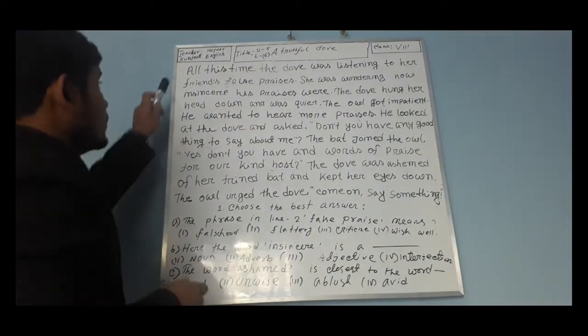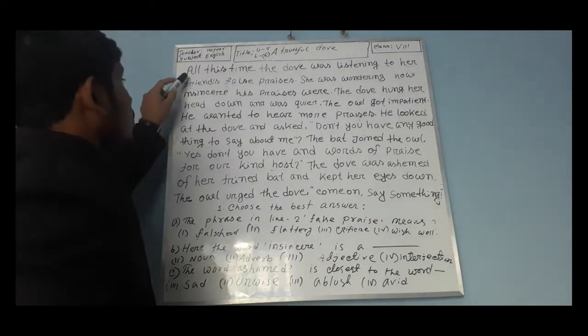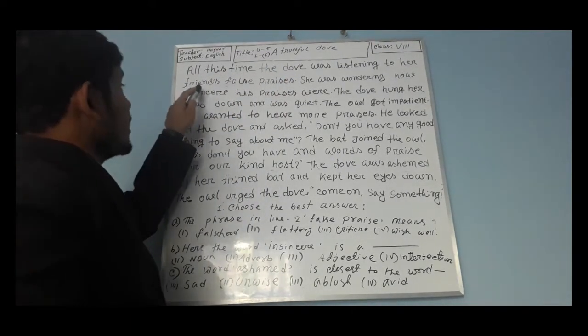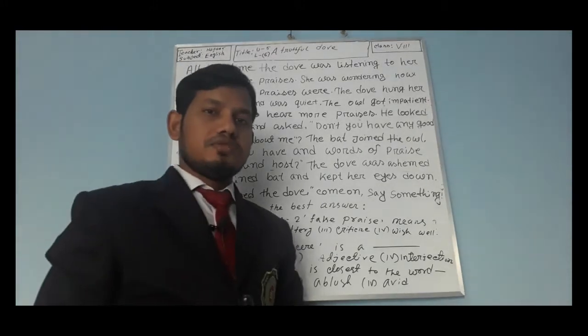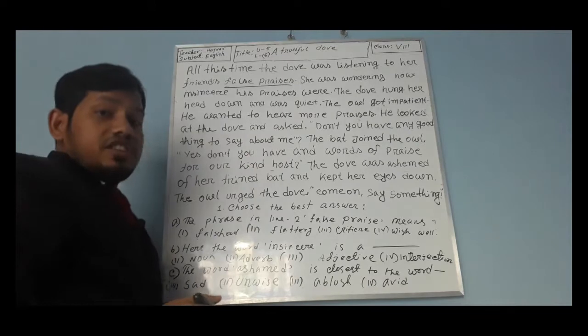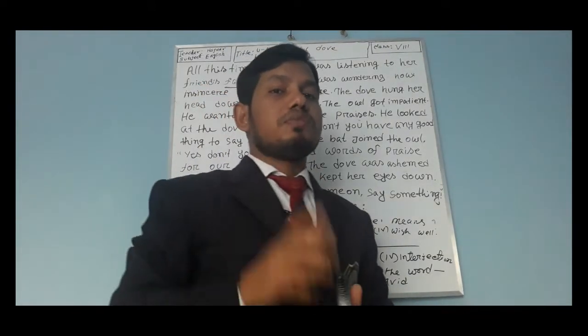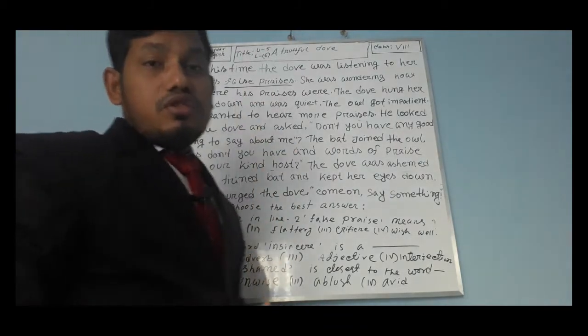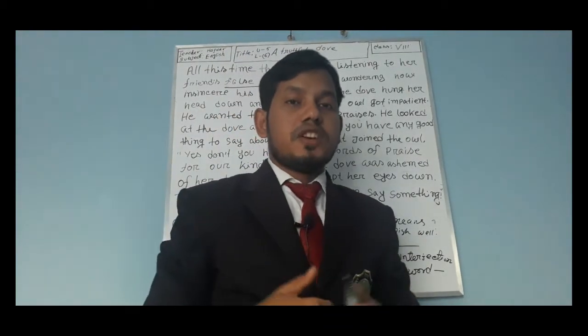Here is the passage I am reading now. All this time the dove was listening to her friend's false praises. So my dear students, here you see false praises, one piece of information from the passage. False praise actually means flattery.